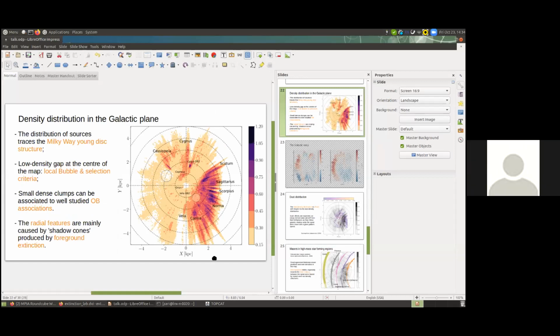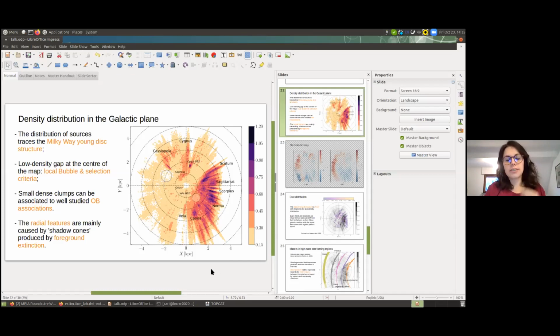Yeah. So basically we have a foreground dust, and in some regions you can see through the dust and see stars that are more distant than in other regions. So for example, here we can probably in general see farther stars than here. So this is one of the reasons why there are these features.